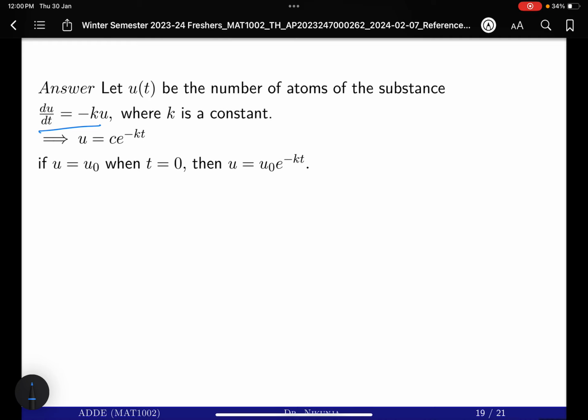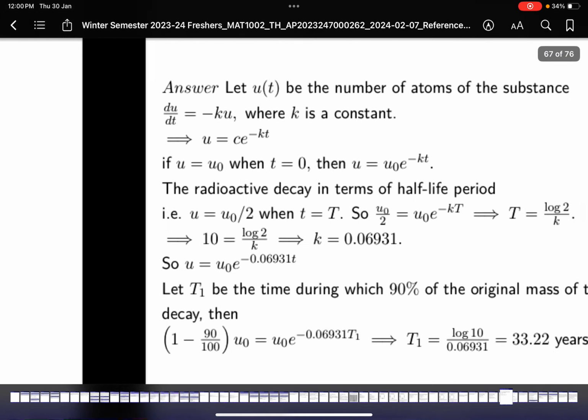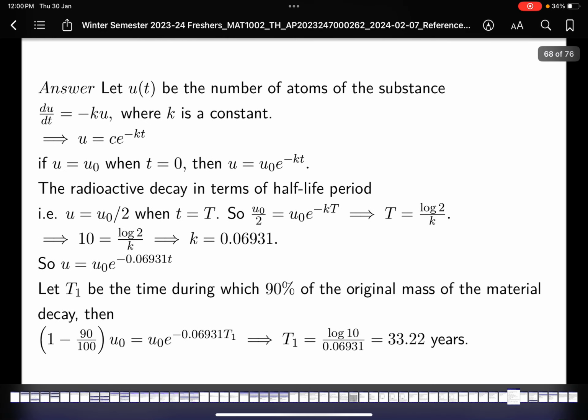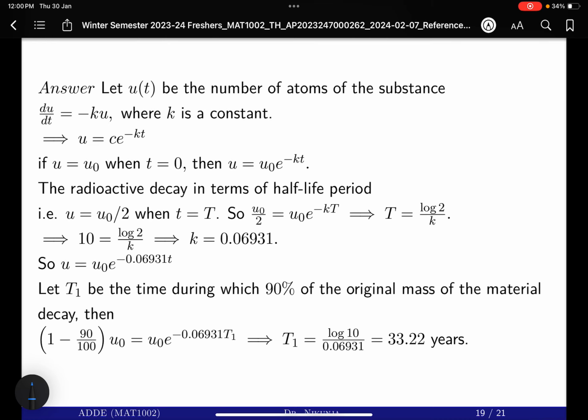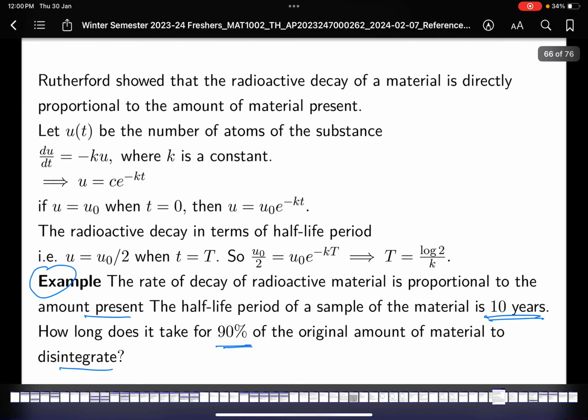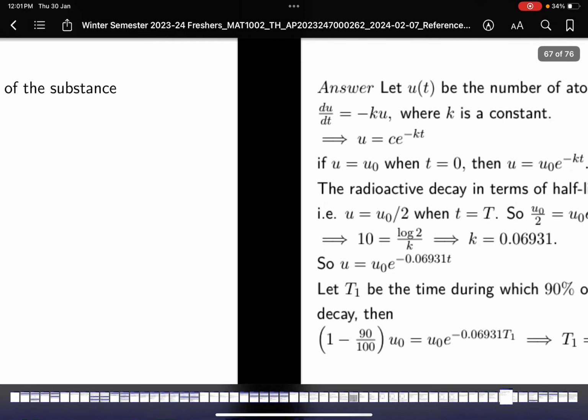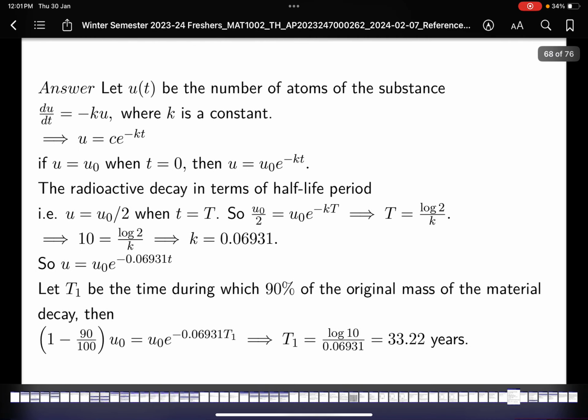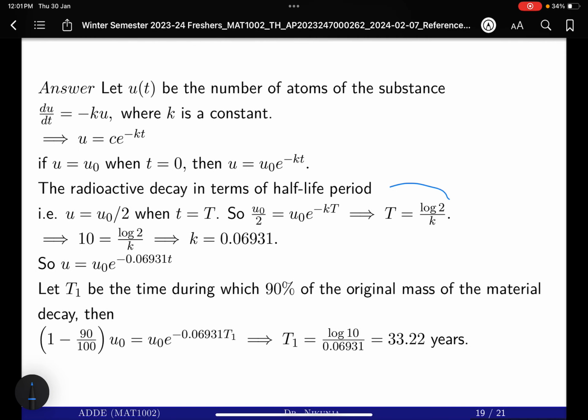Now u0 is the initial condition, so you get this one here. Now see, as per the given conditions, half-life it is 10, given. Half-life 10 given means, you know the half-life formula is log 2 by k.